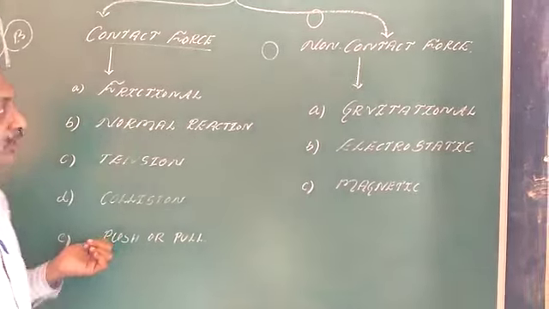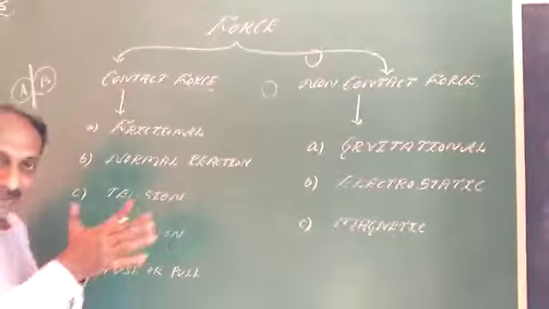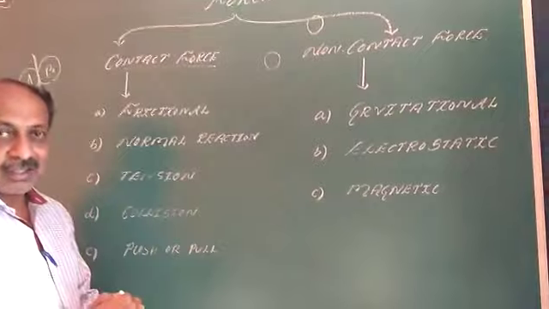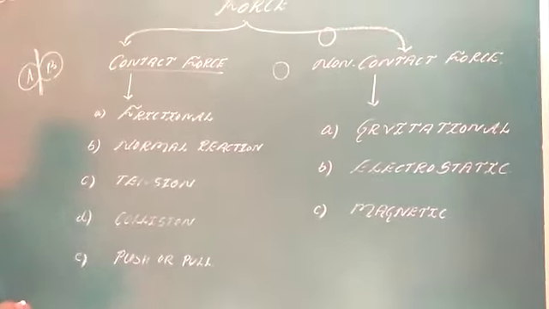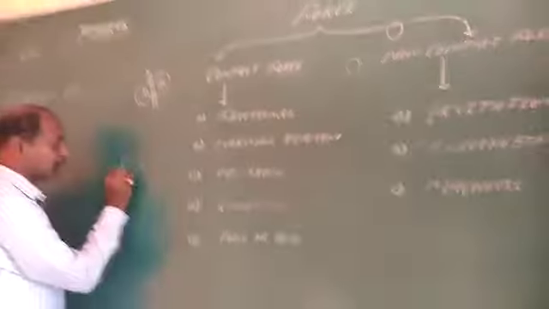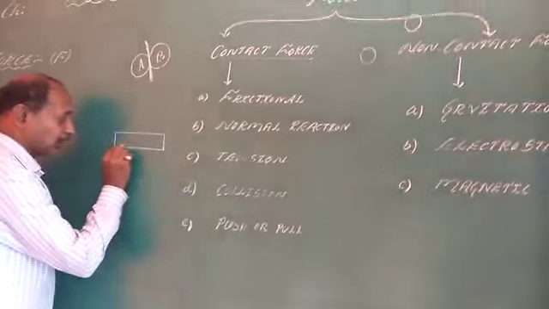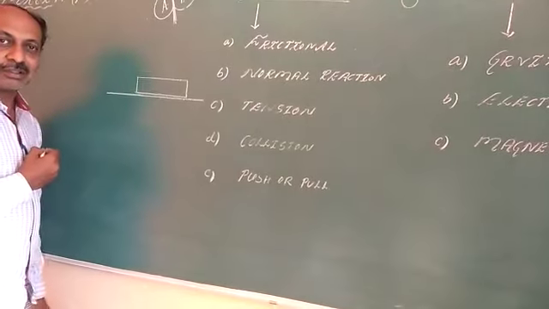That is the frictional force, the friction between the two bodies, which opposes relative motion. Let us consider here is one body and here is the surface.